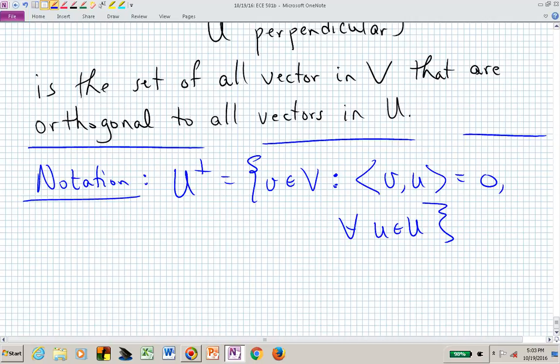The U perp is the set of all vectors v in our underlying vector space that have an inner product of 0 with all the vectors in our subset U.